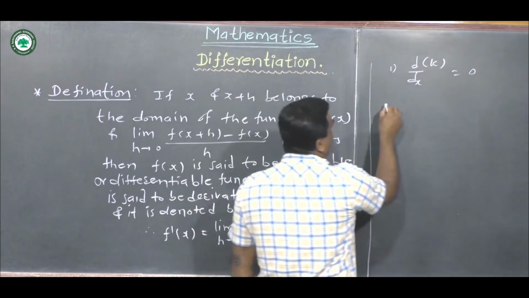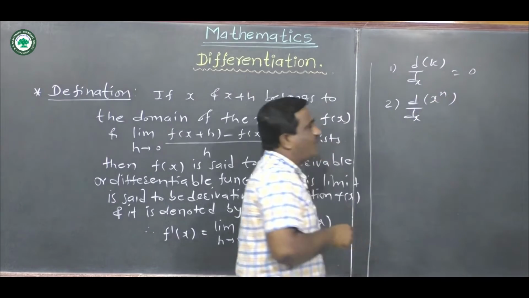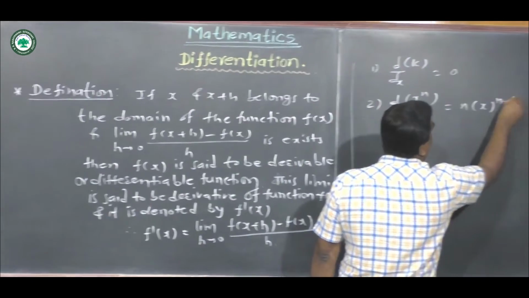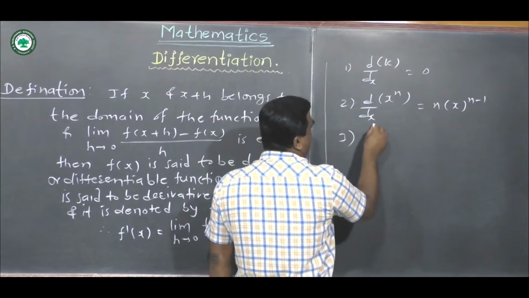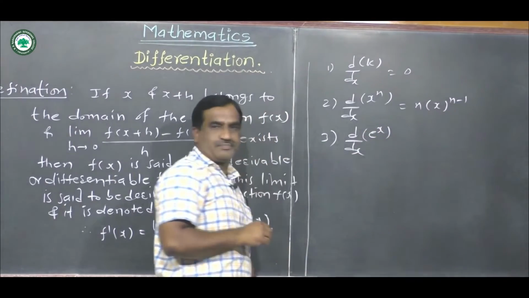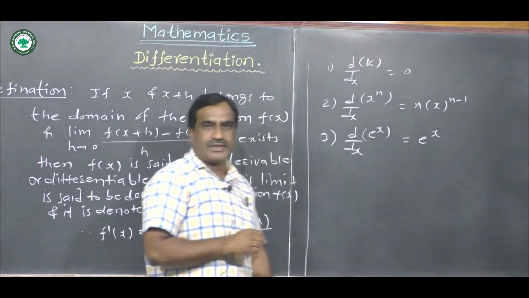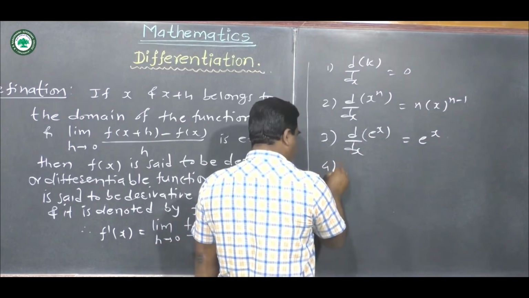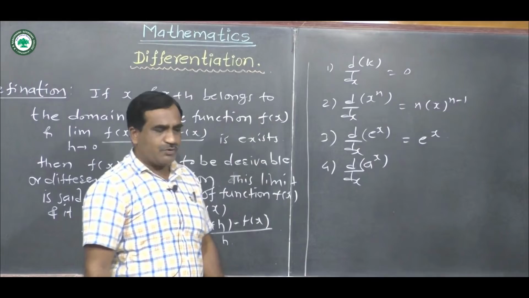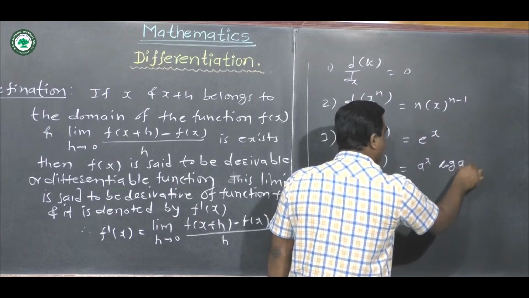Number second, d by dx of the power function x raised to n is equal to n into x raised to n minus 1. Number third, d by dx of e raised to x, this is the exponential function, and the derivative of e raised to x is e raised to x. Again, d by dx of a raised to x is a raised to x into log a.